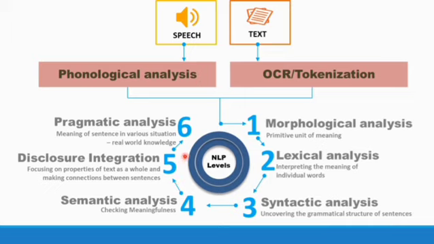And at last, in level 6, we move to pragmatic analysis. That means once we have found a relationship between all the sentences, now we have to compare the meaning of those sentences with the real world. That is what we do under pragmatic analysis.